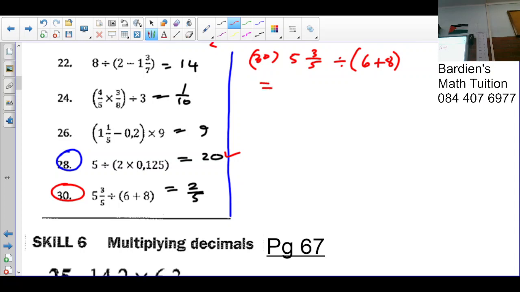Okay, so go for it, Michael. What did you do? I said 28 over 5, so that's 25 plus 3. It's 28 over 5, which is correct. Then I said divided by open brackets 14, which is correct, 14 over 1. I carried on. I said 28 over 5 times 1 over 14, or 4 over 14, sorry.